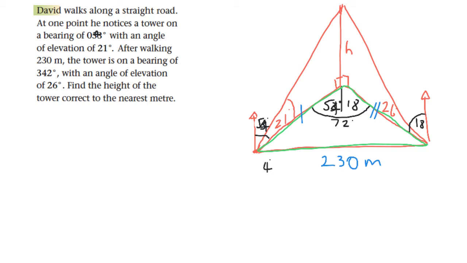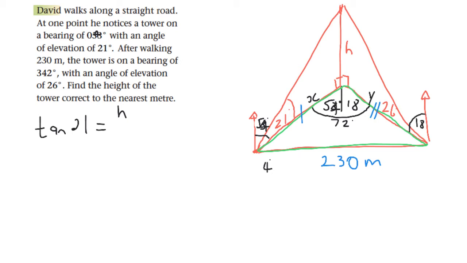In our first triangle, the one on the left, I'm going to say that tan 21 equals our opposite h over, I'm going to call this length here x. And I'm going to call this one y.